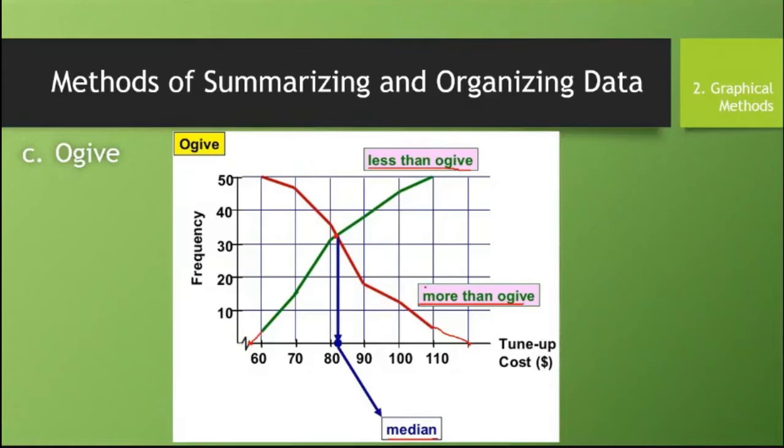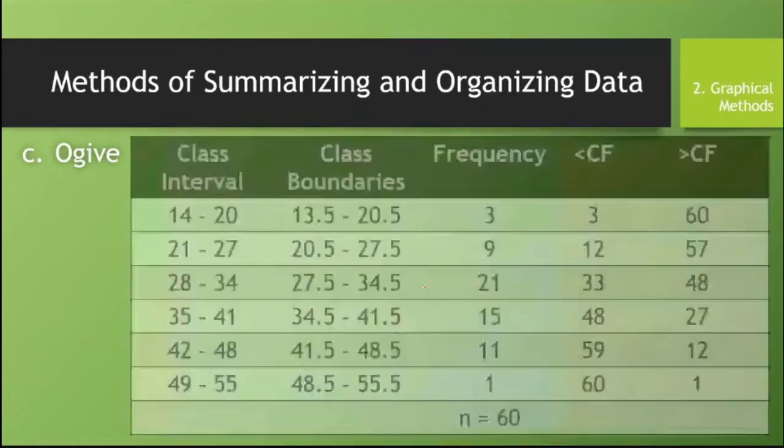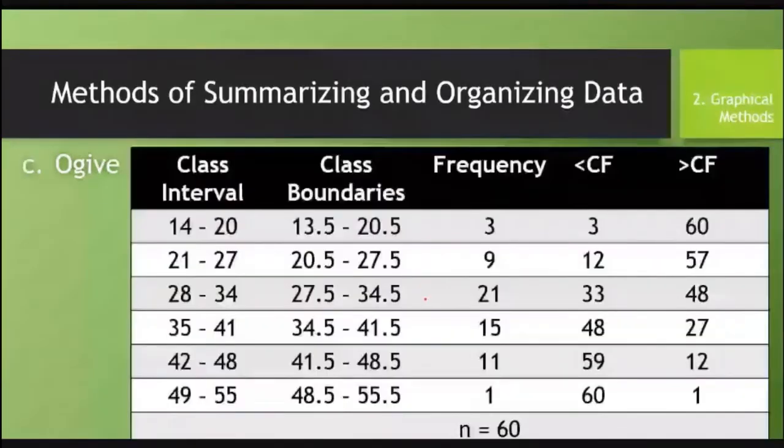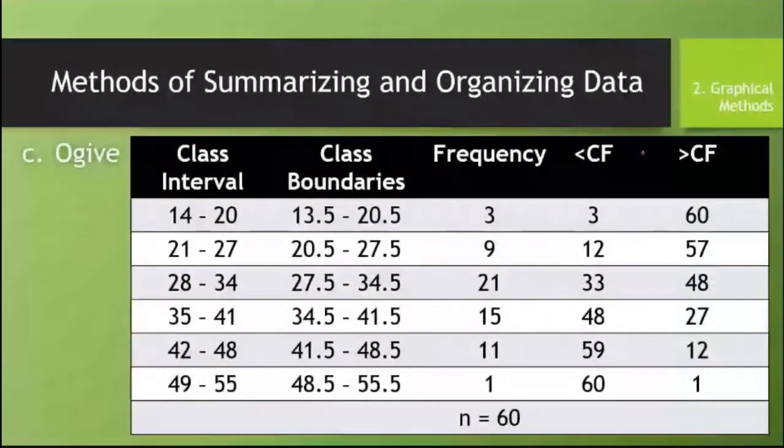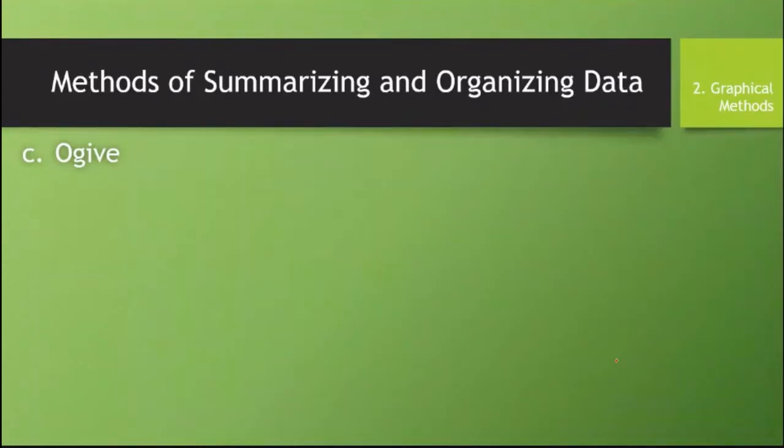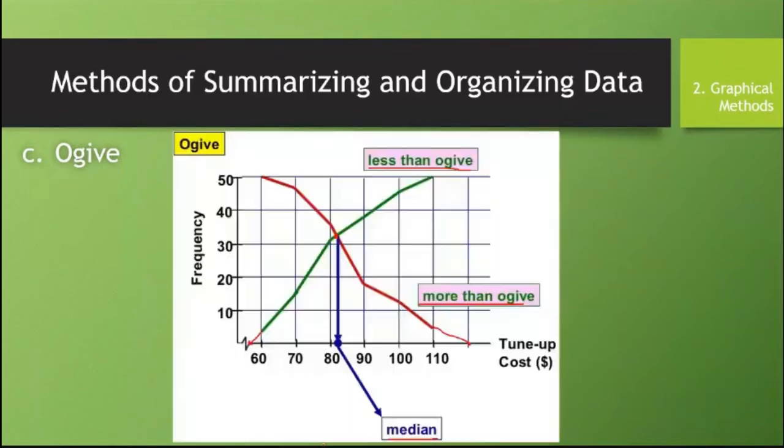So say for example, we have this frequency distribution, specifically cumulative frequency distribution table. You have the class intervals, class boundaries, the frequency, the less than frequency, and the greater than frequency. So the question would be, in creating your ogive, what are these values? Are these still the median, or the midpoint, or the class intervals?